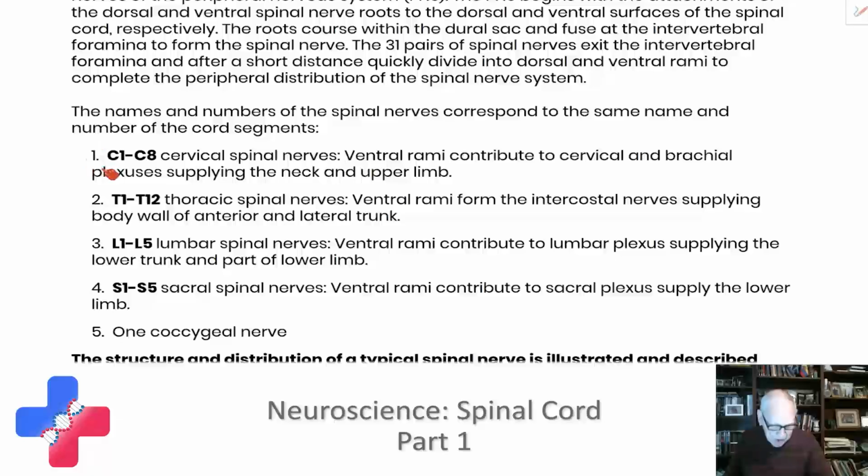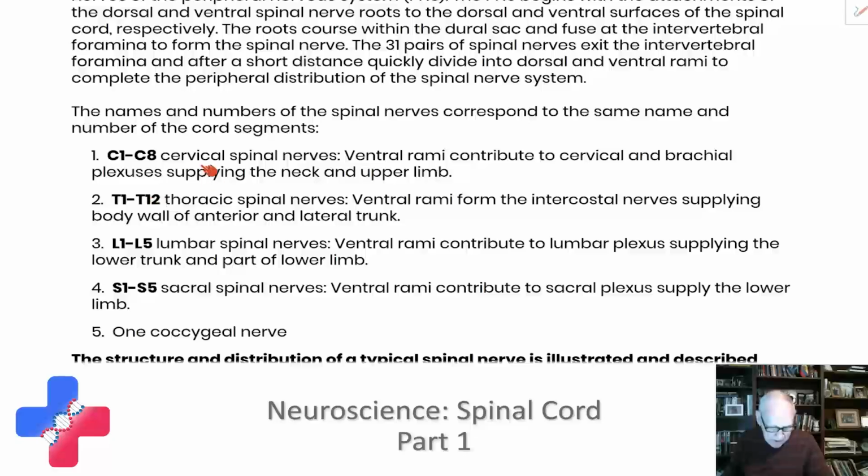The spinal nerves are named according to the segments of origin from the cord. There are 8 cervical spinal nerves, C1 to C8, mostly providing innervation for upper limb and upper trunk. Then we have 12 thoracic spinal nerves coming off the 12 thoracic cord segments, supplying areas of trunk. Then the lumbosacral, L1 to 5 and S1 to S5, a large network of spinal nerve systems that provide the main supply to lower limbs, some of the lower abdomen and lower pelvic regions.